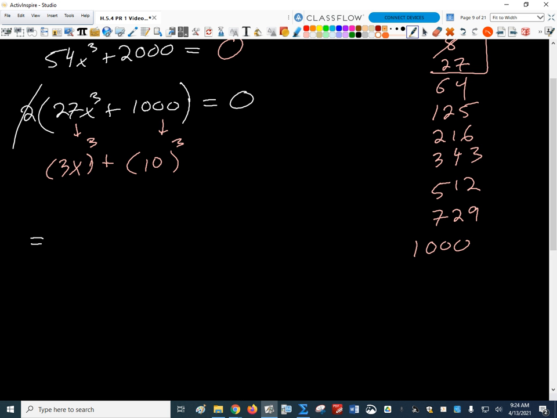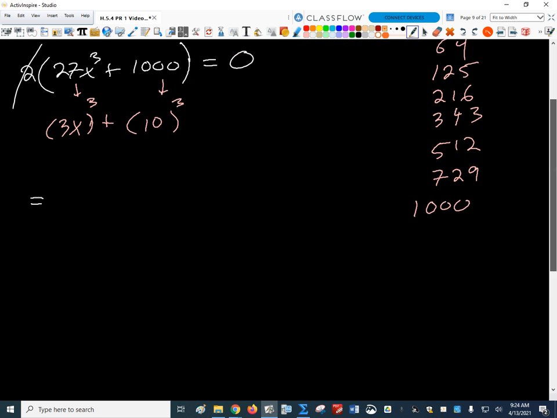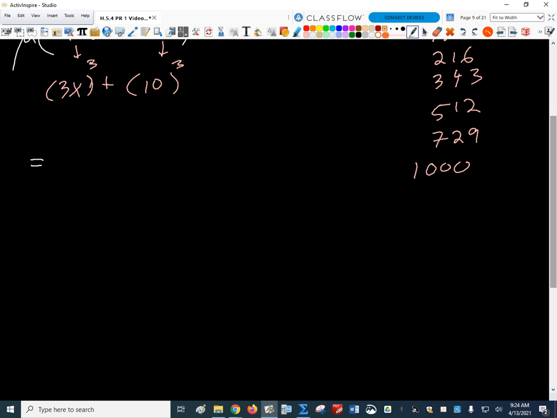A cubed plus b cubed is going to be what? Hey, let's write it out. Okay, here's how I remember this. We know that the linear factor is always going to have an a and a b.